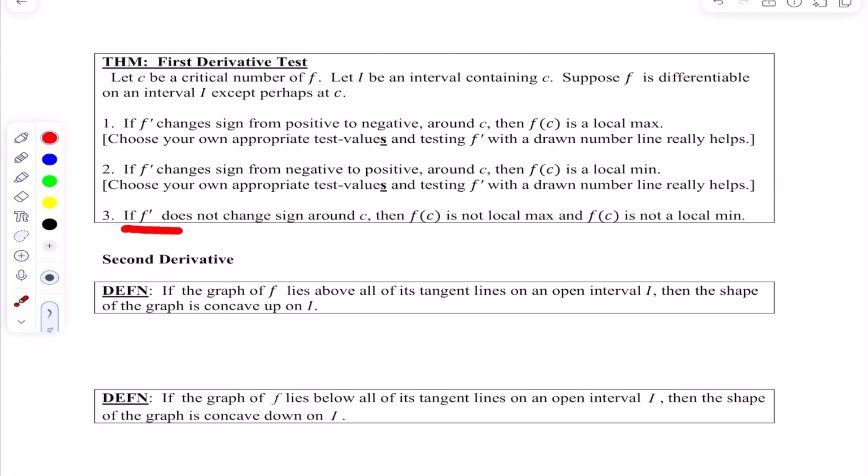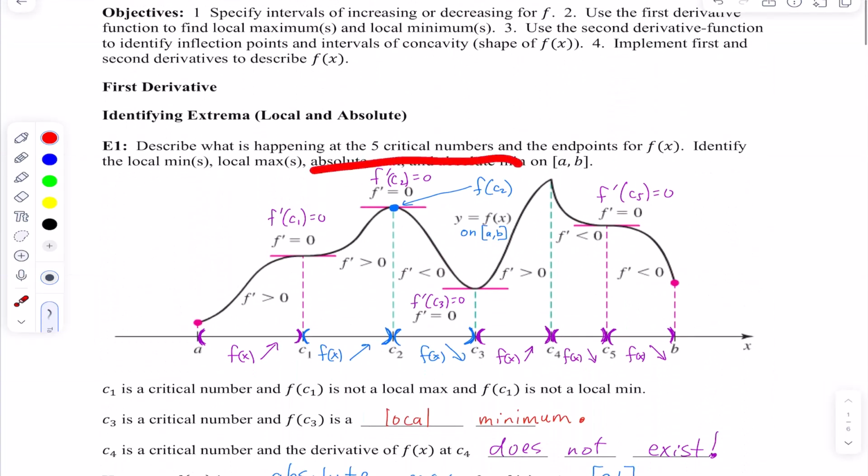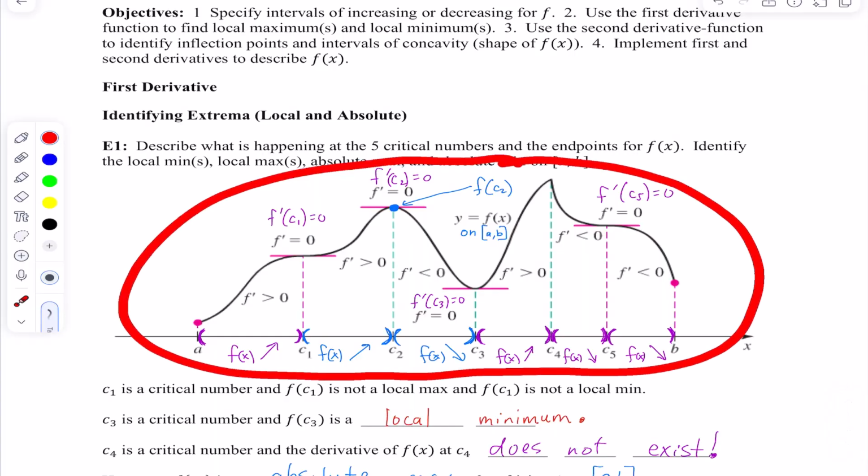If the first derivative does not change sign around C, once again, before in the open interval before C and in an open interval after C, then f of C is not a local max and f of C is not a local min. And that was the earlier picture. So if you go back and look at that earlier picture, you're going to realize that's describing a lot of the first derivative tests.